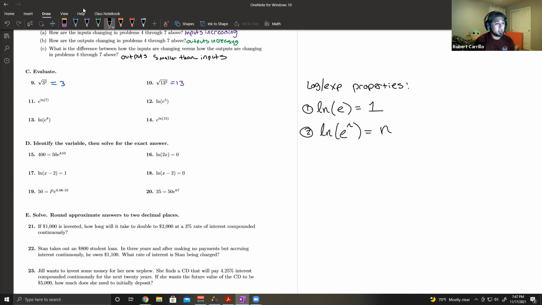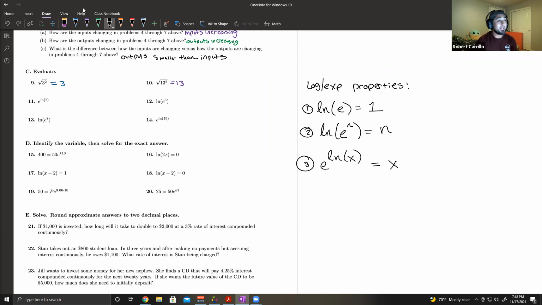And to get the properties for 11 and 14, if you ever have e raised to the natural log of x, the e and the natural log will cancel and leave you with just x. So these are some log and exponential properties. And again, the reason we have these properties is because these two are inverses of each other.